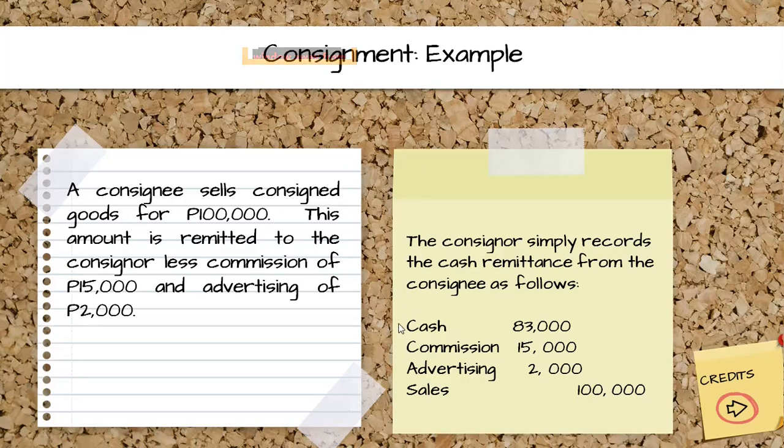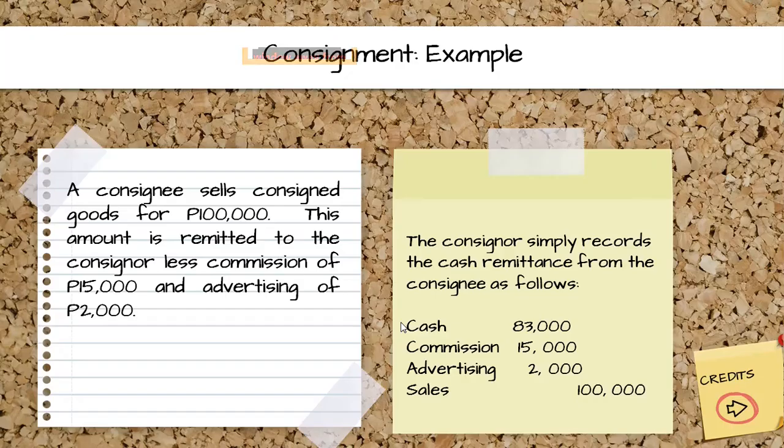So, just take note that upon delivery of the consigned goods, yung consignor class, walang entry doon. Ang gagawin niya lang ay memorandum entry lang, no? Parang just a memo entry just to trace kung saan niya binilin yung mga goods for consignment.